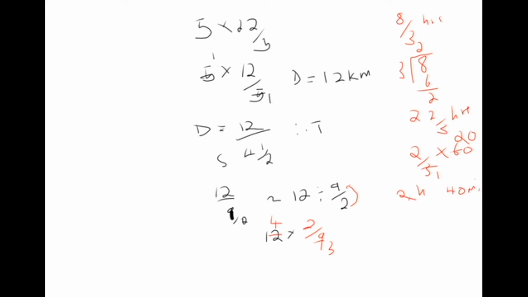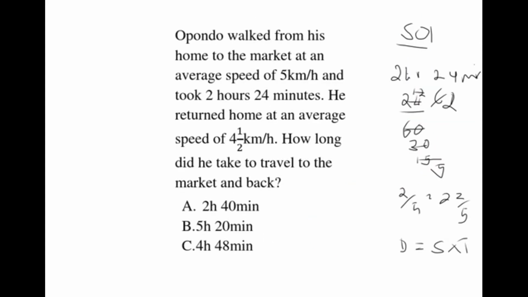Therefore, the question asks us, how long did it take to travel to the market and back? Therefore, at this point, we had the first 2 hours and 24 minutes. Then we add 2 hours and 40 minutes.